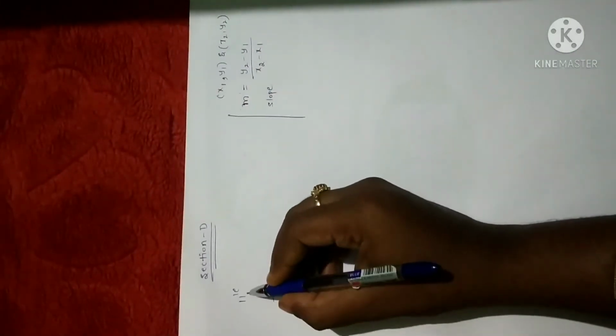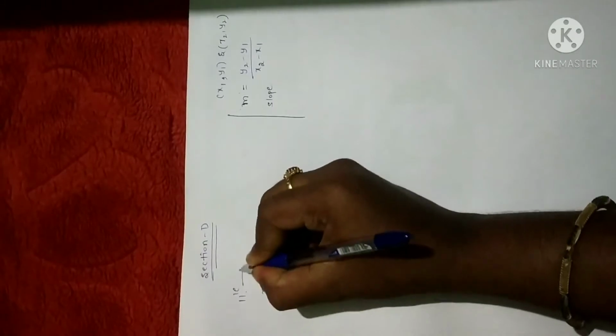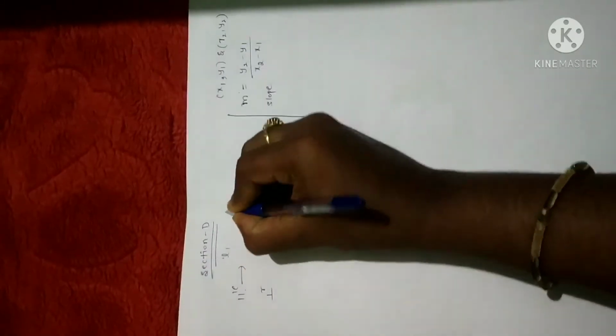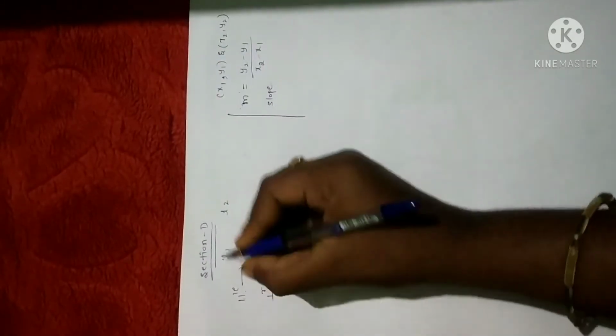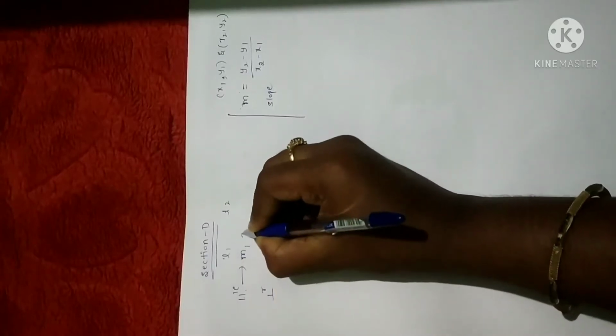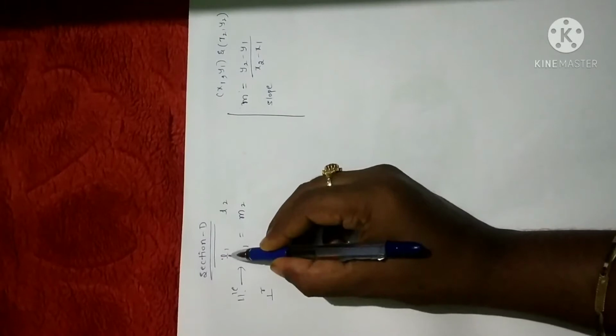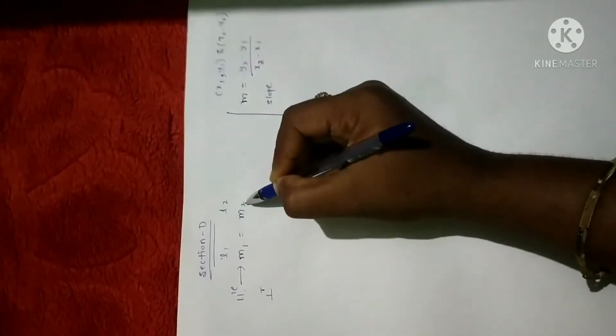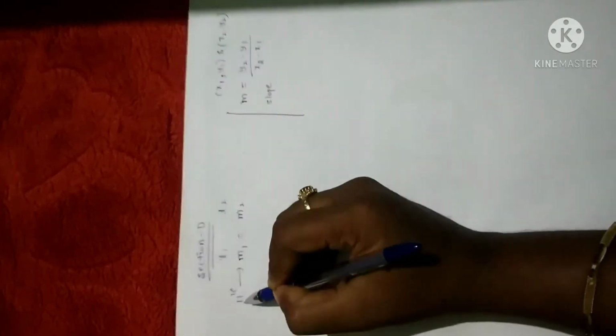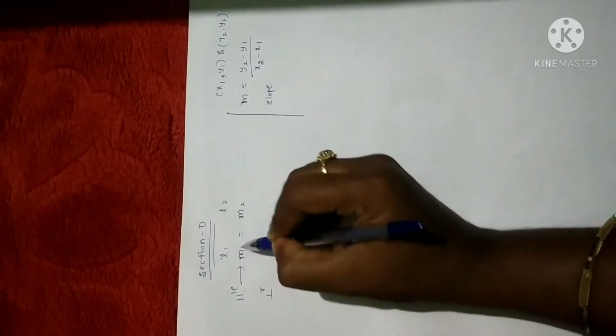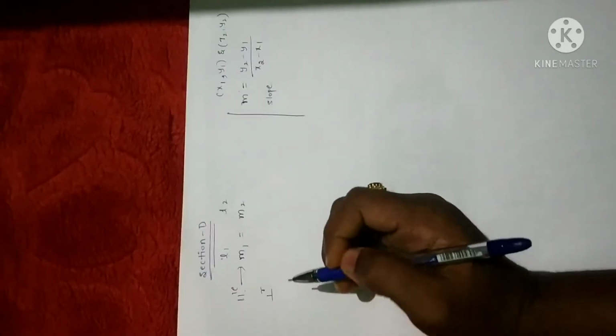Now, coming to the concept of parallel, two lines L1 and L2 are parallel only when their slopes are equal. That is, when the slope of the first line is equal to the slope of the second line, then automatically we can say the given two lines are parallel.